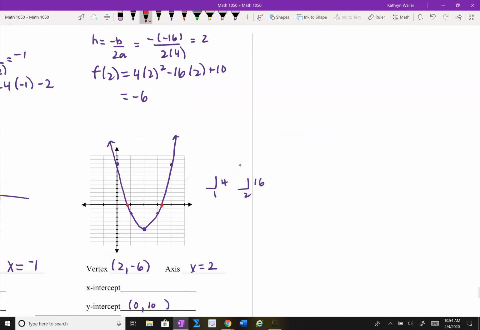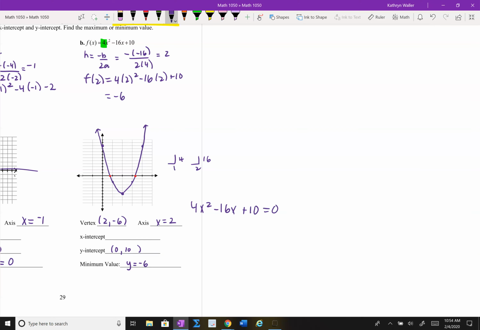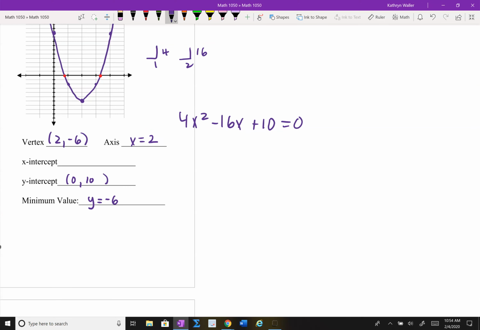Okay, so everybody write down 4x to the second minus 16x plus 10 equals 0. I'm going to set myself up with a y value of 0. Now I just have to find the x. Look at the equation. You tell me what you would do. What would you do?